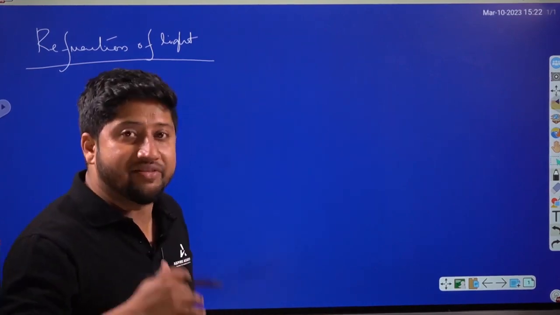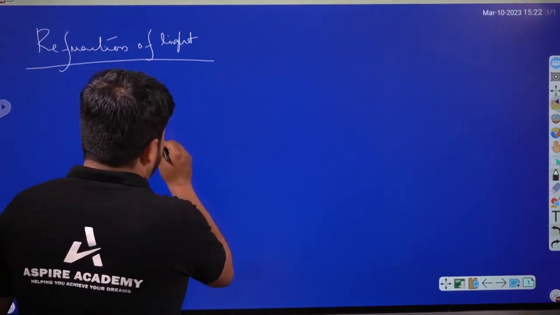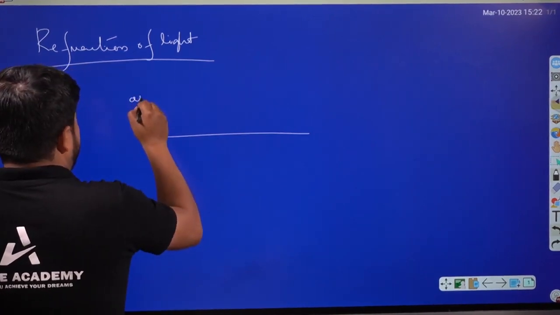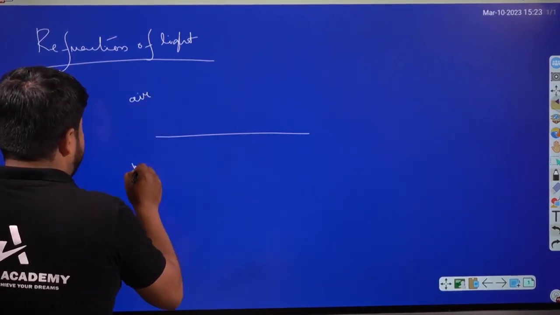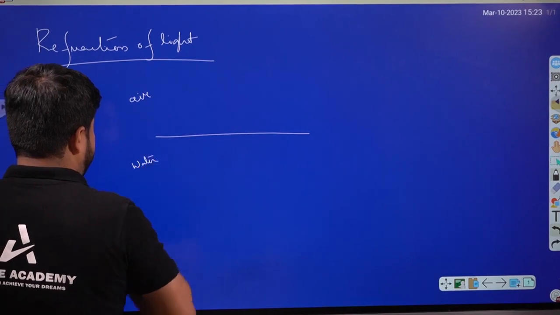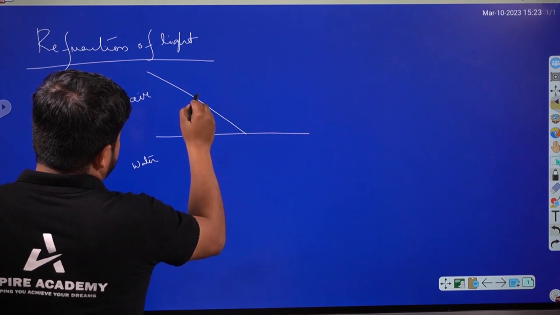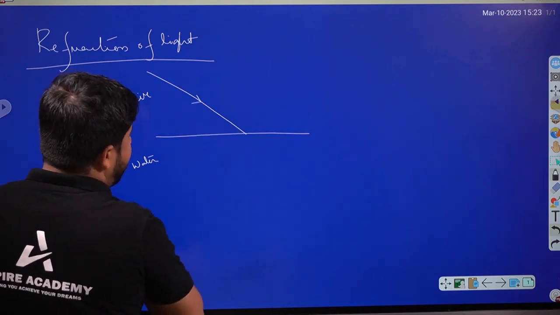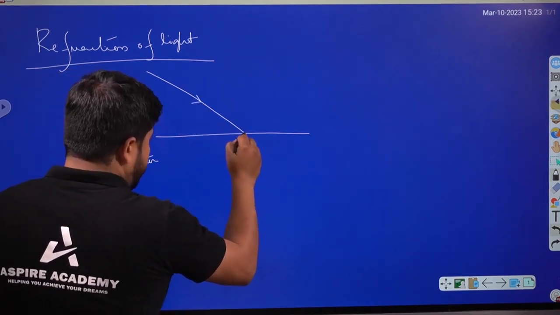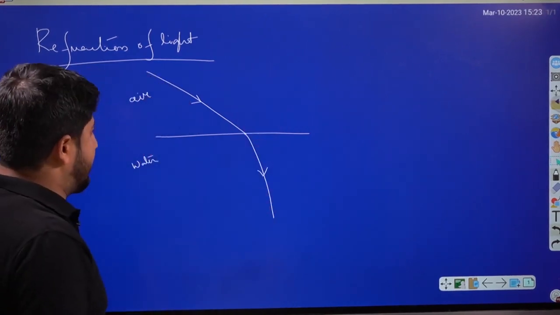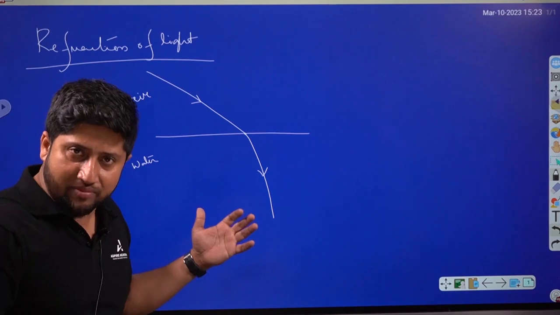Now I can explain it diagrammatically. Suppose we consider a medium interface. Suppose we consider the air medium on one side and the water medium on the other. Whenever a ray of light travels here, strikes the surface, the light bends, and this phenomenon is called refraction of light.